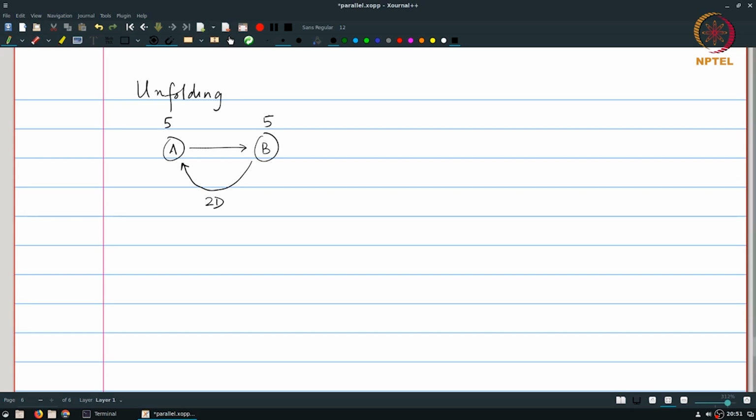So as we see this system over here, we know how to compute the iteration period bound. It's equal to the delay of A plus the delay of B divided by the total number of delay elements in the loop A to B to A, which in this case is 5 plus 5 divided by 2, or in other words, the iteration period bound is 5 time units.